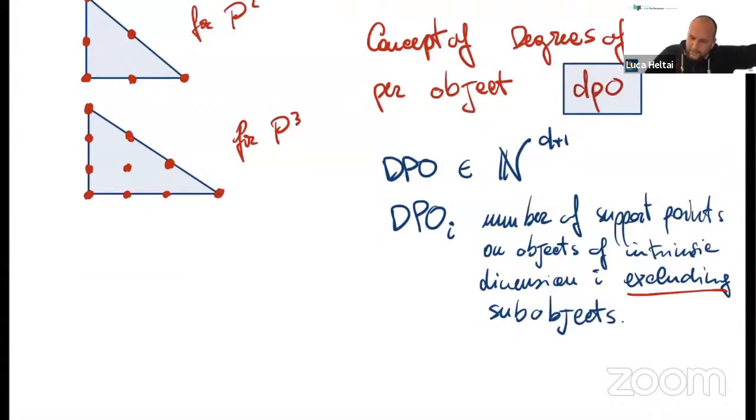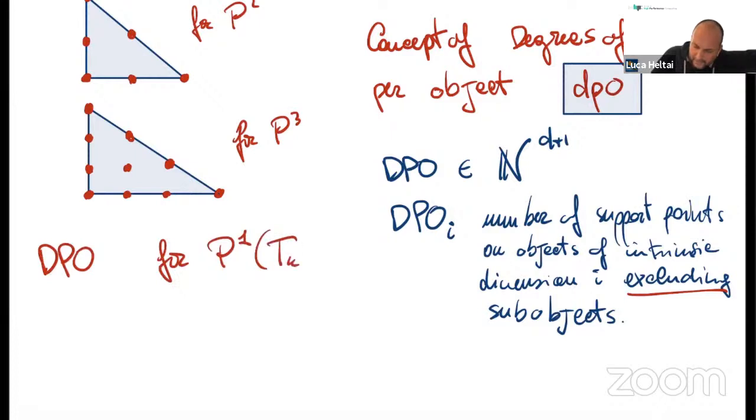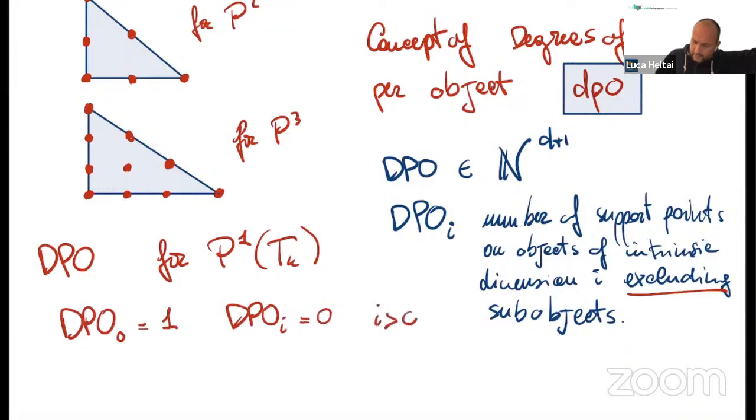So let's go to an example of dPO for P1. For P1 of T_K, the degrees of freedom per object are dPO_0 equal to 1, and dPO_i equal to 0 for i greater than 0, and this is in any dimension.